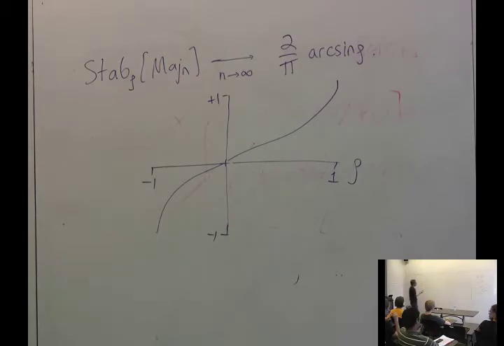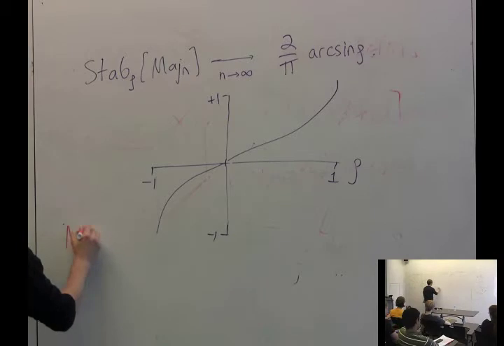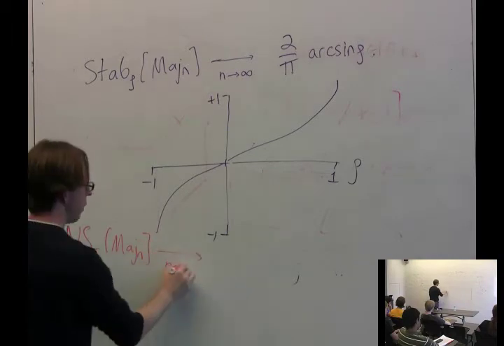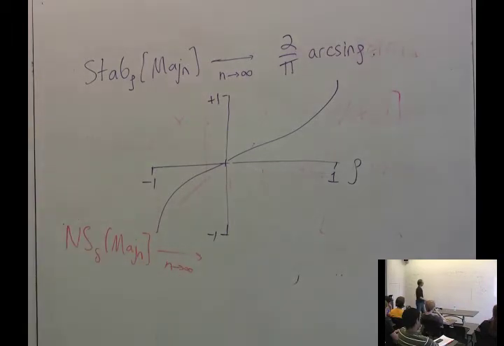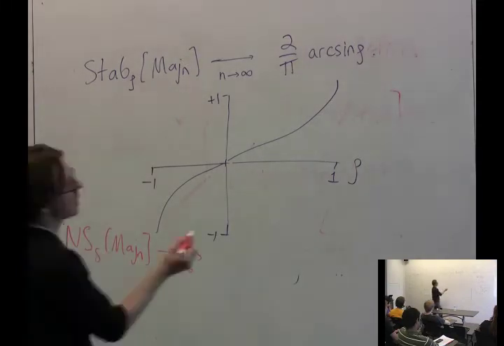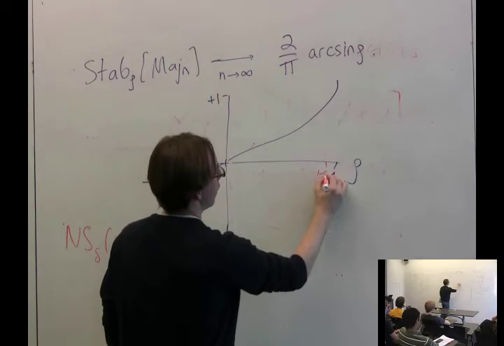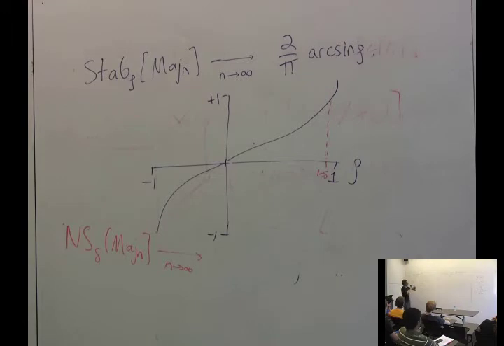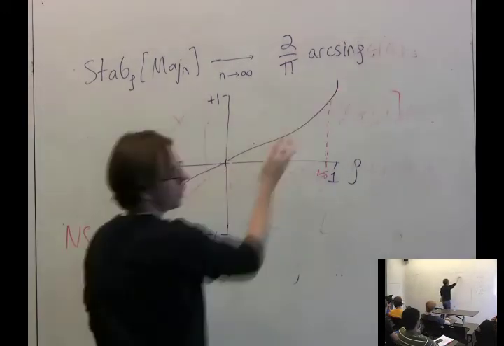And in particular, this is one reason why it's sometimes nicer to look at noise sensitivity. What's the noise sensitivity at delta of majority? Well, again, let's take the limit as n goes to infinity. It's like a half minus a half something on this. But in particular, if you think about delta as small, like if this is 1 minus delta, you go up here. If you have a sine wave, and you're asking if I do a little change here, how much does it change here?